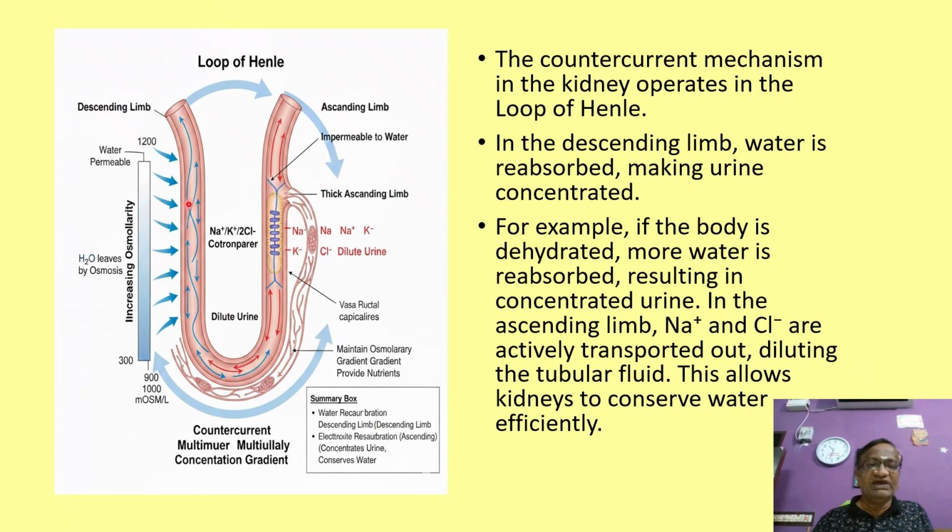If the body is not dehydrated, is full, less water is reabsorbed and more diluted urine results. Now we can see in the ascending limb, sodium and chloride are actively transported out. Sodium chloride is actively transported out. So it depends upon what the body needs. So this is about water, this is about sodium and chloride.